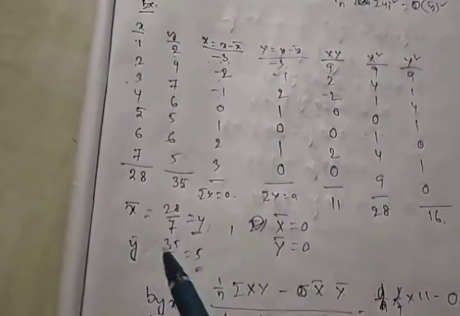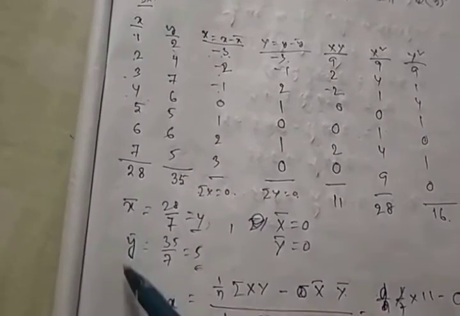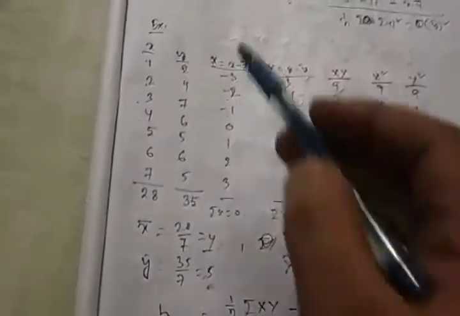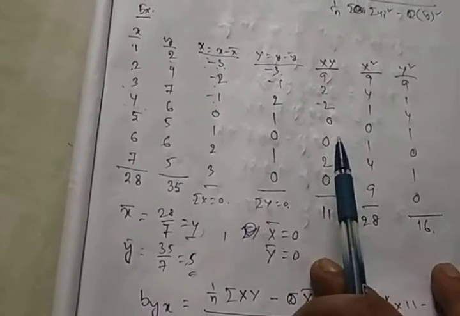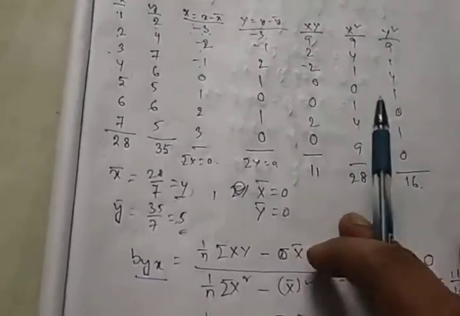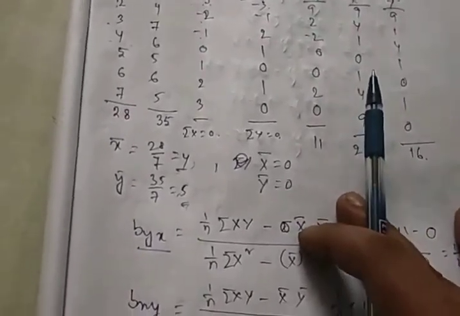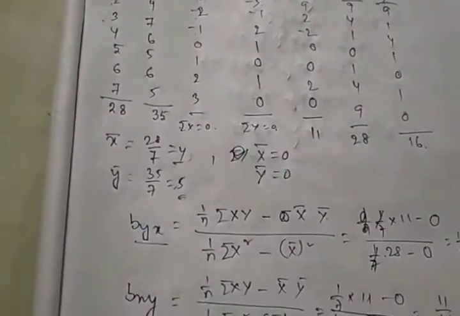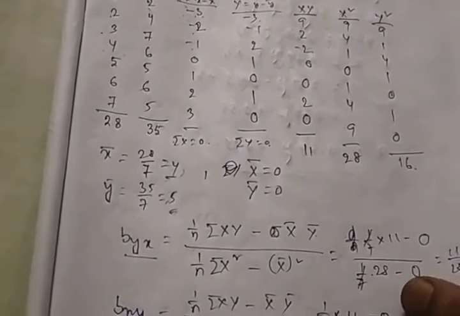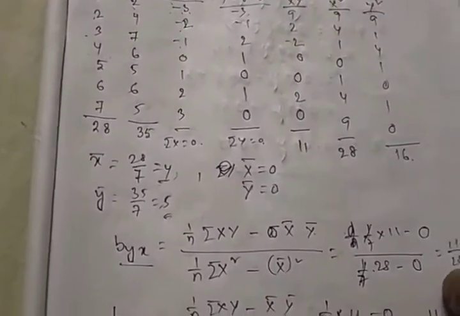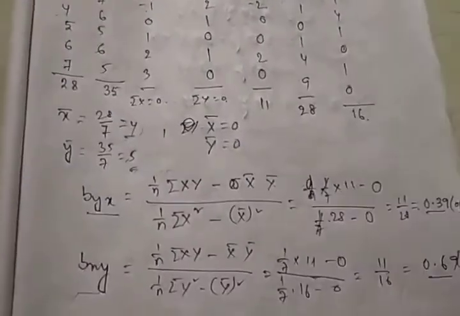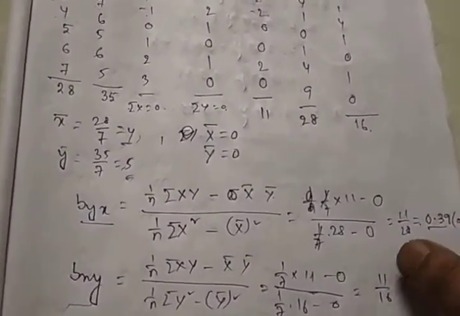Now always remember, whenever x bar and y bar are whole numbers, always use the deviation so that the calculation will be easy. Otherwise the calculation may involve very large numbers, and in calculating this some error can occur.